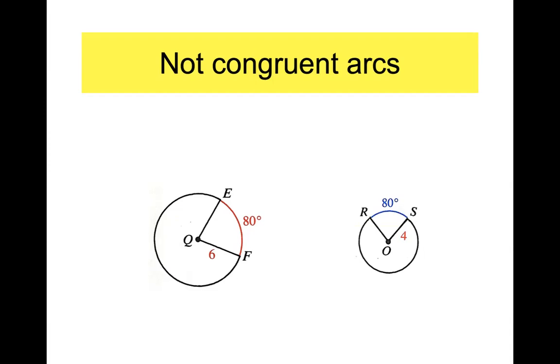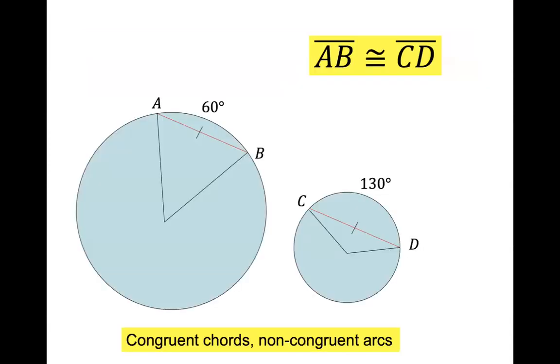Hopefully that made sense. Another point. If we play connect the dots between the arcs, so let's say the big circle there on the left, arc AB, we get chord AB. If we play connect the dots on arc CD on the one on the right, we get a chord CD. And it turns out that it is possible to have congruent chords of different circles.